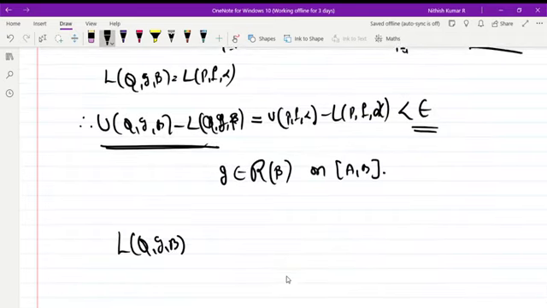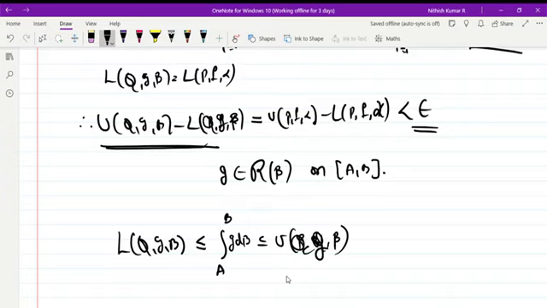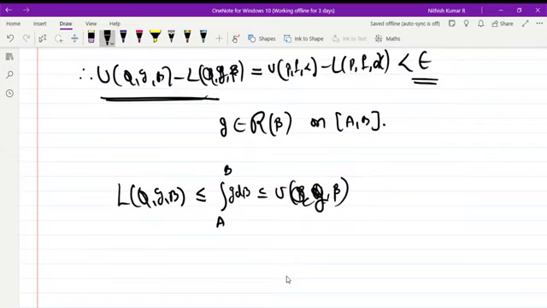Moreover we have L of Q, g, beta is less than or equal to the integral from a to b of g d beta, which is less than or equal to U of Q, g, beta.